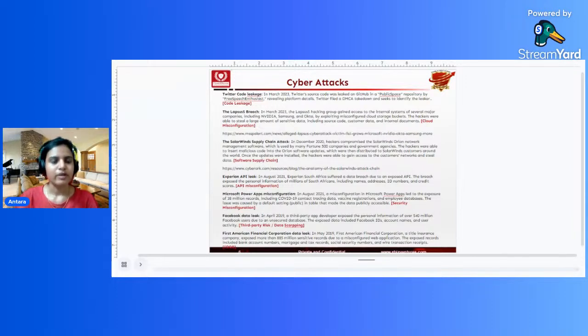Another one is a very interesting one. It was the SolarWinds supply chain attack. SolarWinds is a security SOC monitoring tool it offers, and there is this Orion network, which is a piece of software where the team keeps on releasing the latest update versions.